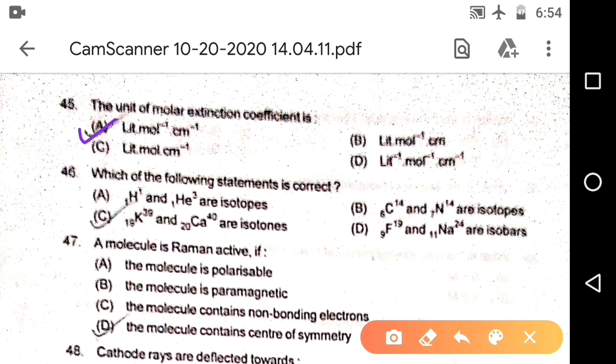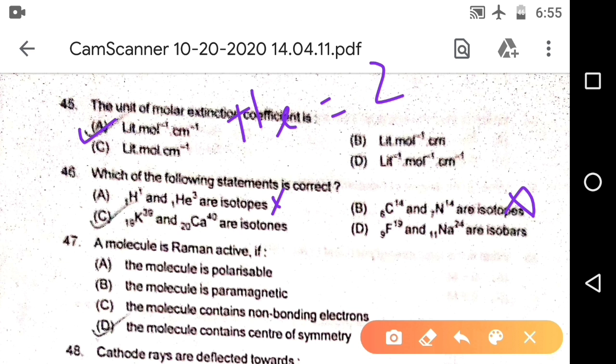Okay, the next question is: which of the following statements is correct? The first option is wrong because helium has atomic number 2, but in the question 1 is given. Option B is also wrong, because isotopes have the same atomic number, but in option B both have different atomic numbers.